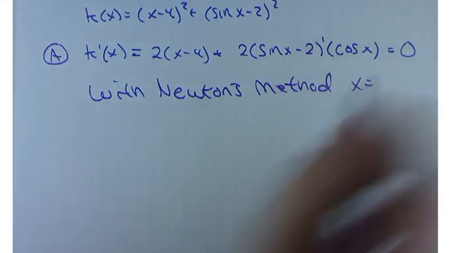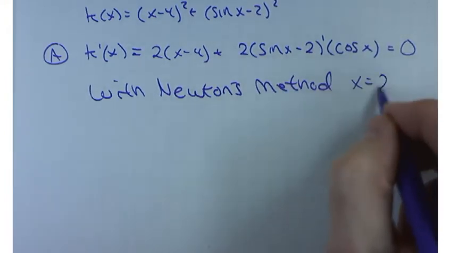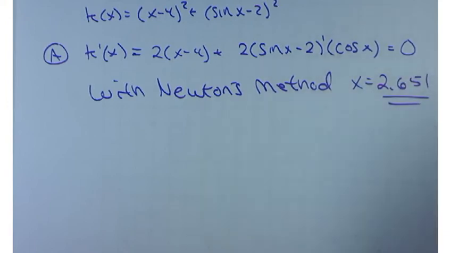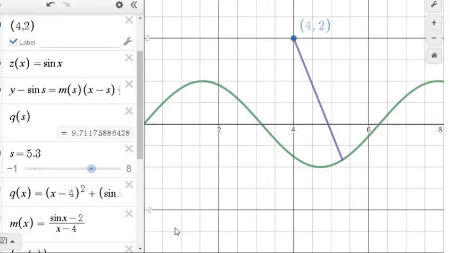x equals about 2.651. And that's going to be our minimum point. Let's just double check it on Desmos. At least we can do a visual double check.